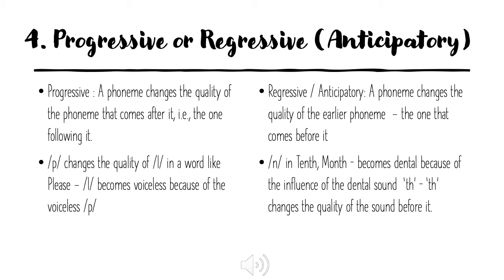You can put it the other way and say the th sound changes the sound n that comes before it. So it depends on which sound changes because of which one. In progressive, one sound changes the quality of the sound that comes after it. In regressive or anticipatory, a sound changes the quality of the sound that went before it.